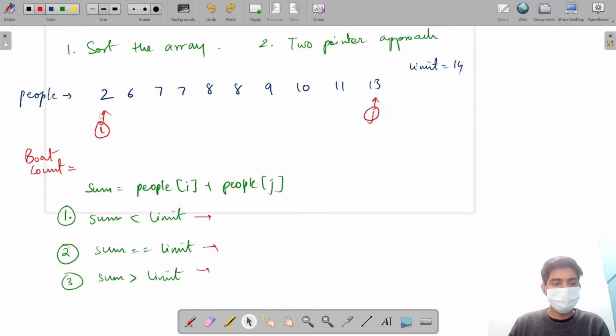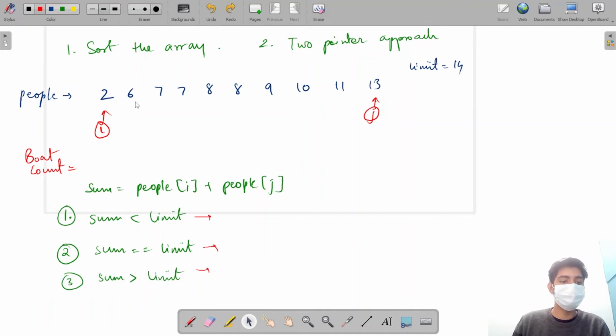So if I increase my i, does it mean that 2 cannot pair up with someone else? 2 can pair up with 6. But if I increase my i, then it means that 2 cannot pair up with anyone else, which is not true. So I cannot increase my i.